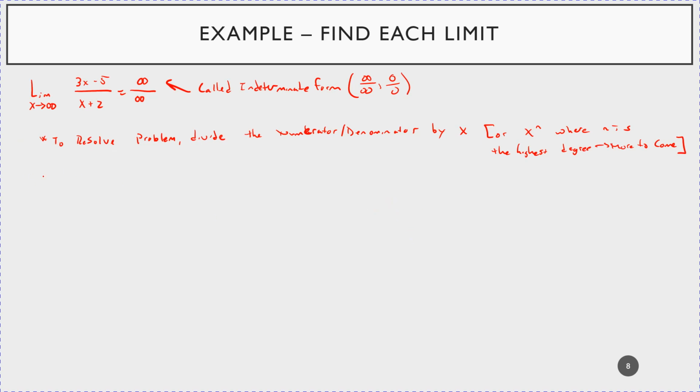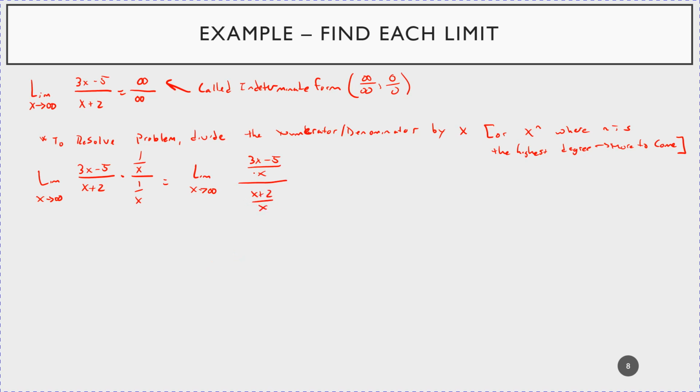All right, so watch what I'm going to do. I'm going to take the limit as x goes to infinity of 3x minus 5 all over x plus 2. So I'm going to divide numerator and denominator by x, which is the same thing as multiplying by 1 over x. So this becomes the limit as x goes to infinity of 3x minus 5 divided by x, plus 2 divided by x.